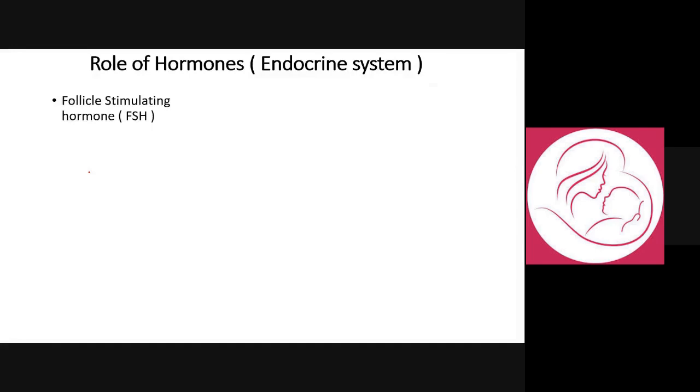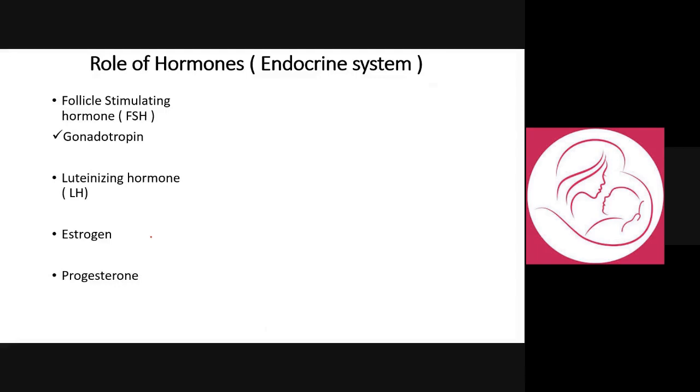There are many hormones. The first one you will come across is follicle stimulating hormone, called FSH. You will have gonadotropin, luteinizing hormone, LH, estrogen, progesterone, and there are many more. But these hormones that you see are the major contributing hormones.